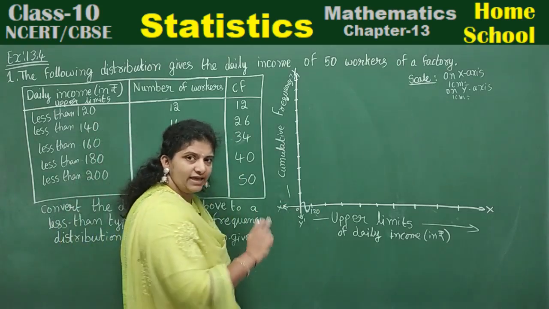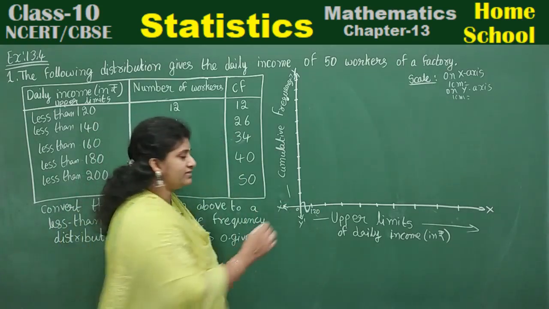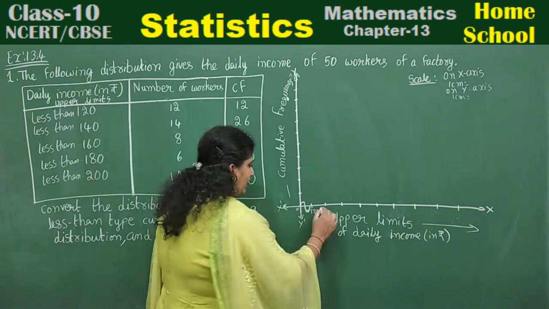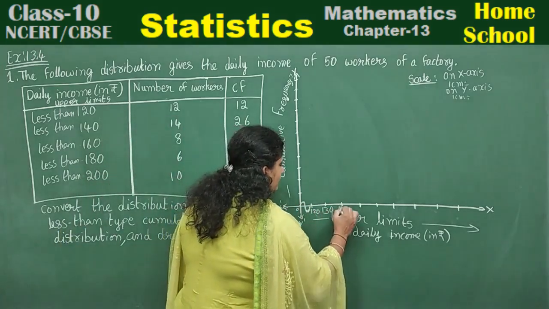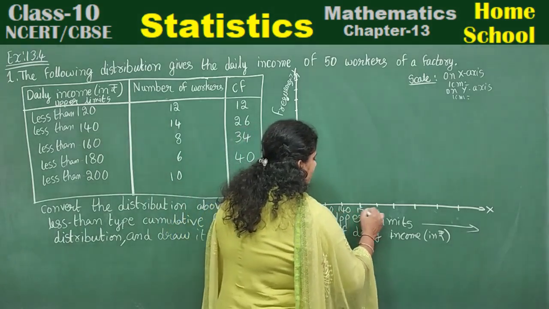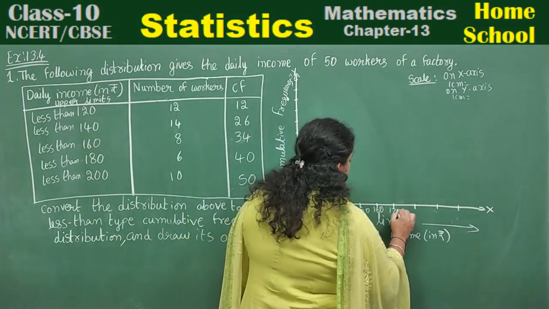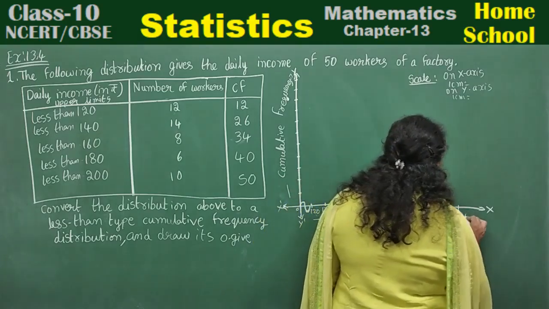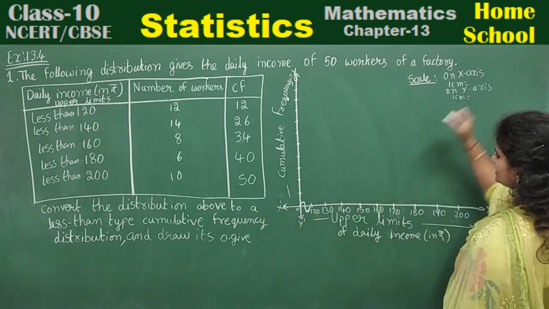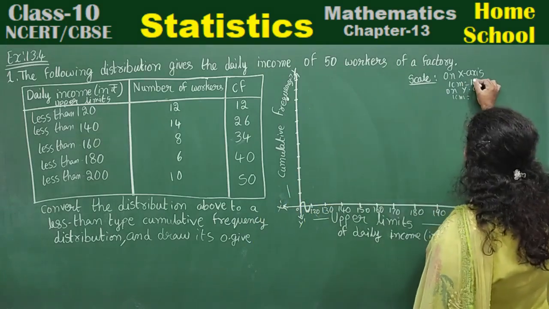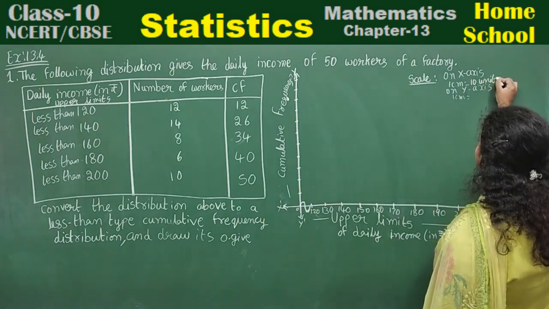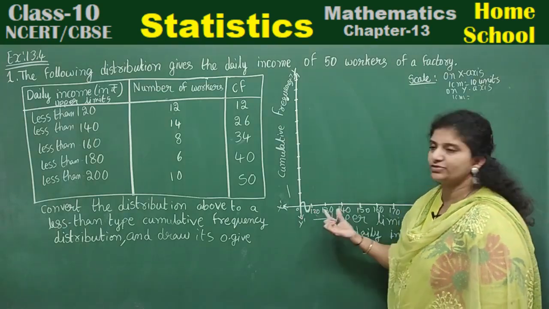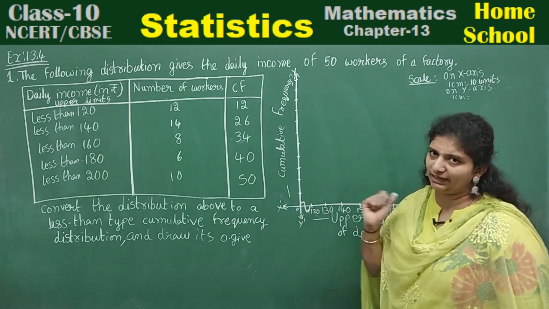When you adjust your scale like this, you need to put a wave here. 120, 130, 140, 150, 160, 170, 180, 190, 200. On the x-axis, 1 centimeter is equal to 10 units. Don't bother about this compression.